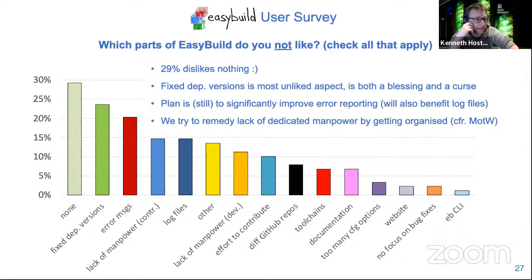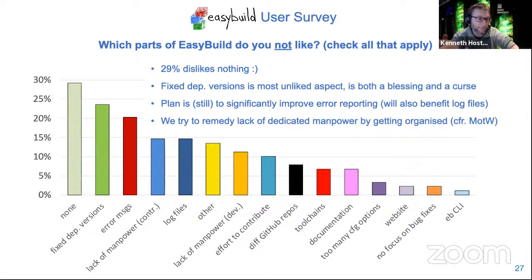The most unliked aspect is the fixed versions that we have for dependencies and tool chains. We know that this is an issue, or something that people don't like about EasyBuild, but it's a blessing and a curse. It's good because if somebody gives you an easyconfig file that works for them, it will probably also work for you.